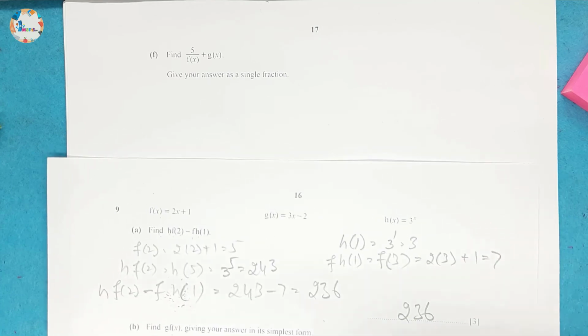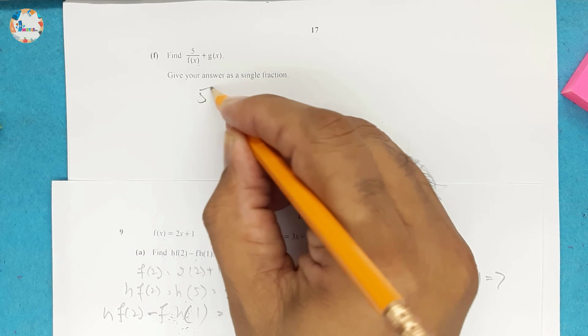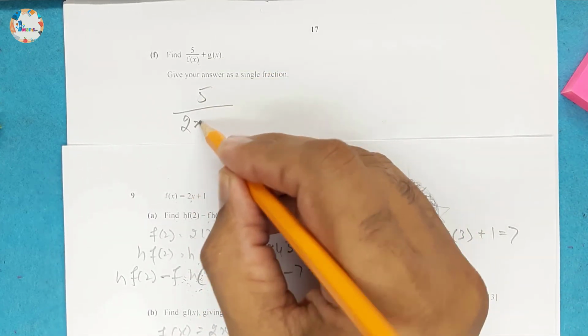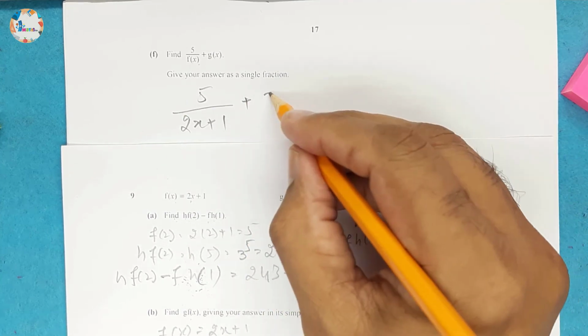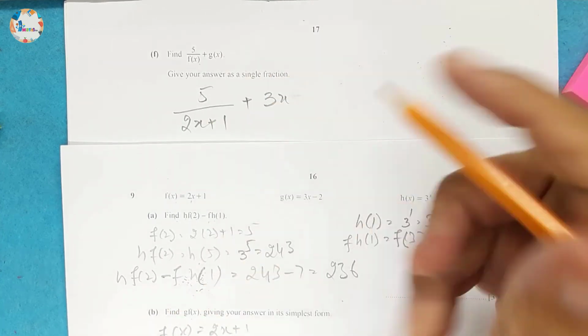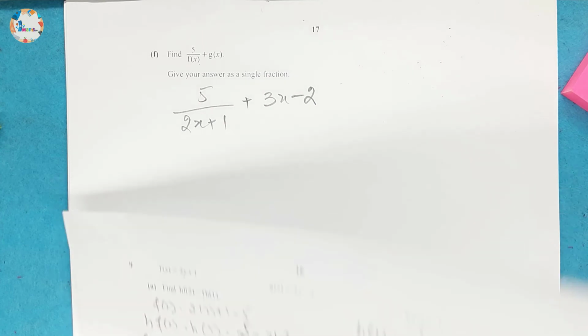Then they are saying find 5 over f of x plus g of x. So 5 over f of x is 2x plus 1, this one, 2x plus 1, and plus g of x is this one, so 3x minus 2 basically. And this is what we have to write as a single fraction.